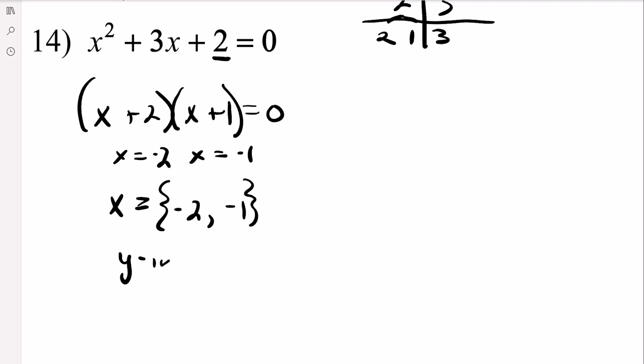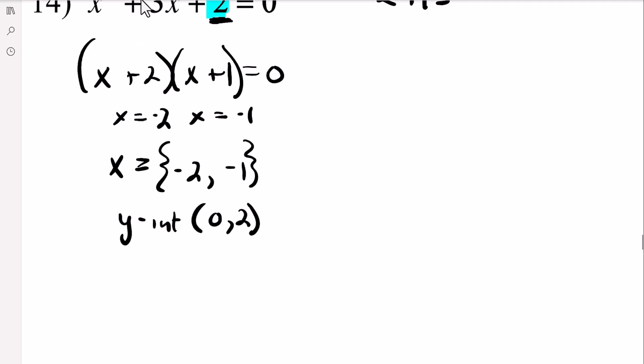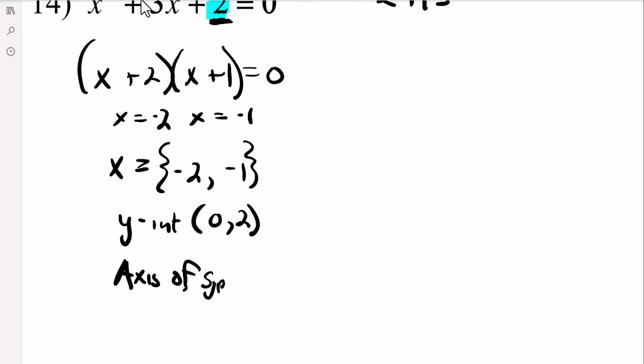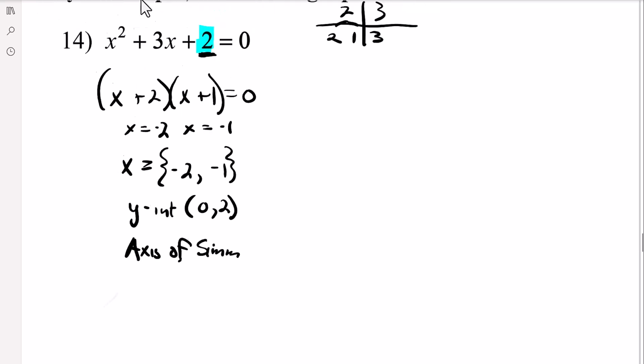Then our y-intercept is 0, 2. Our axis of symmetry, and I'm writing that sloppily. All right.